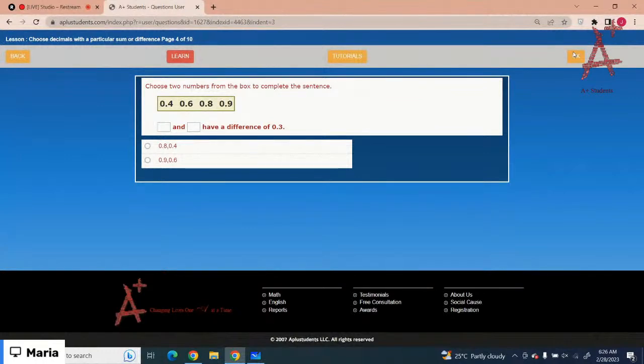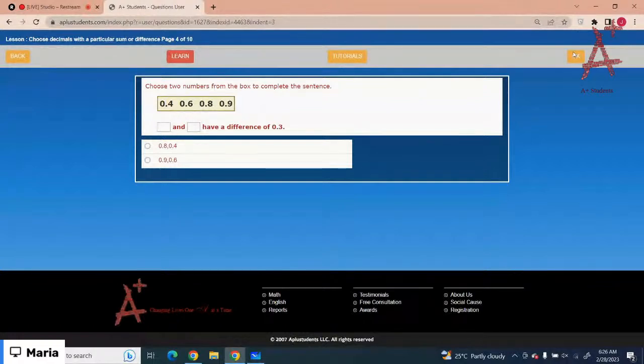So which option is the correct one? 0.8 take away 0.4 is 0.4. Got it?